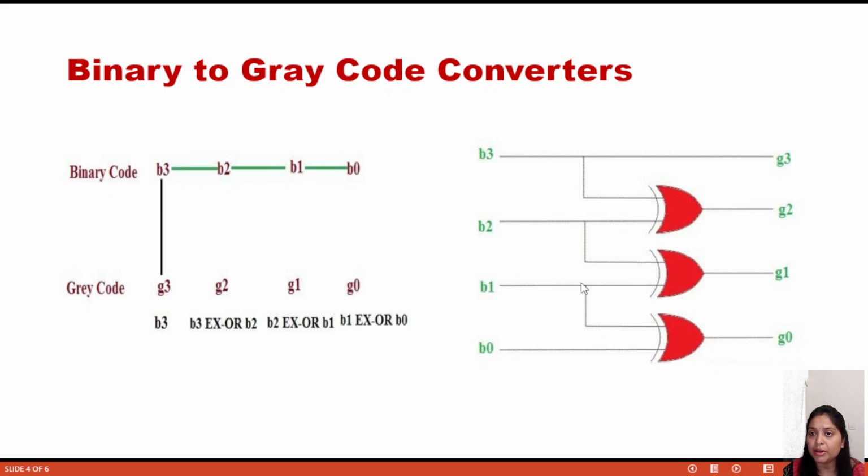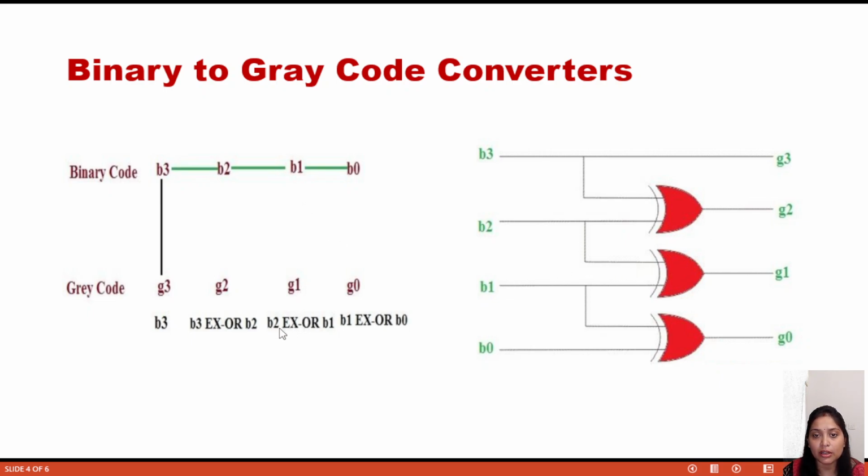Now coming to the circuit diagram. B3 we directly write for G3. Then B3 and B2 we pass through an XOR gate, and we get G2.